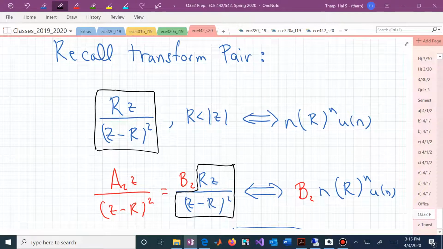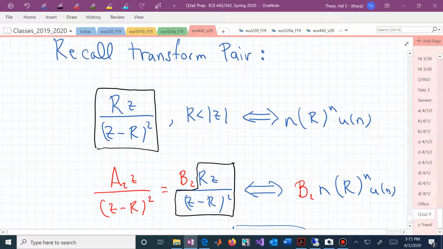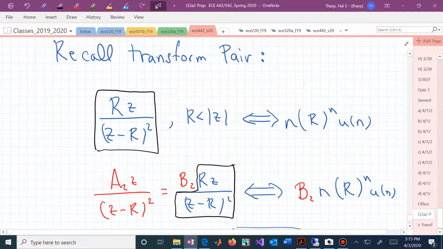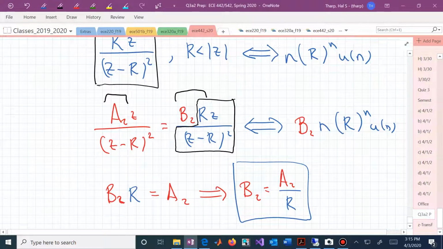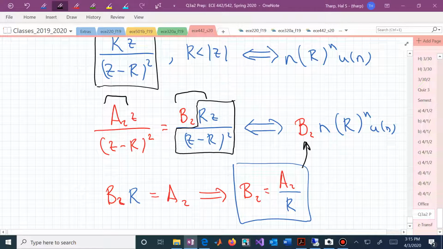And if somebody's found the a sub 2, you need to find the b sub 2 by equating b sub 2 r with a sub 2. If b sub 2 r is equal to a sub 2, then b sub 2 is a sub 2 over r, and that b sub 2 can go in as the weight or the coefficient on this time sequence. It's causal, and it has this n, capital R to the n structure.